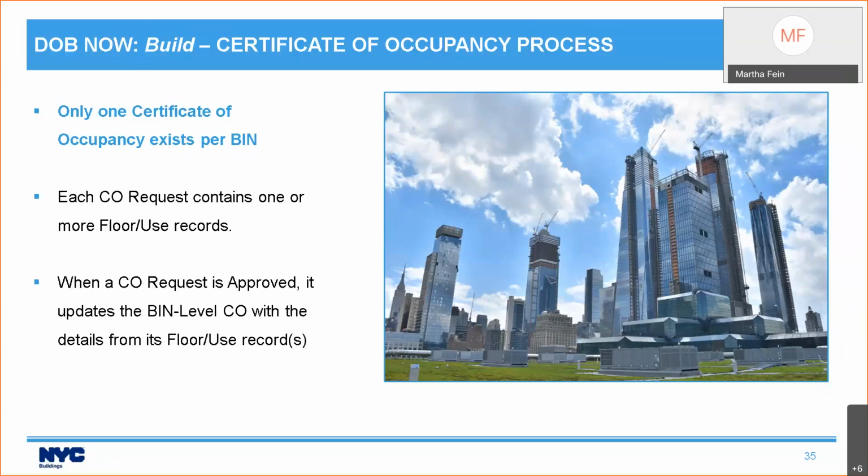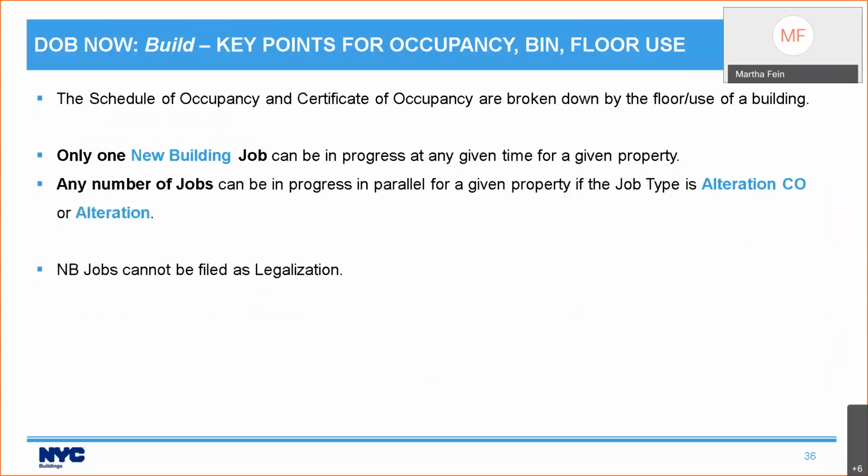When the certificate of occupancy request is approved, the bin level schedule of occupancy will get updated. So the proposed work will become existing occupancy. The schedule of occupancy and certificate of occupancy are broken down by the floor use of the building, which I talk about, I believe, on the next slide.